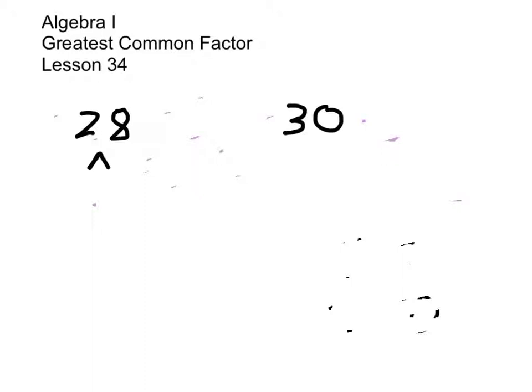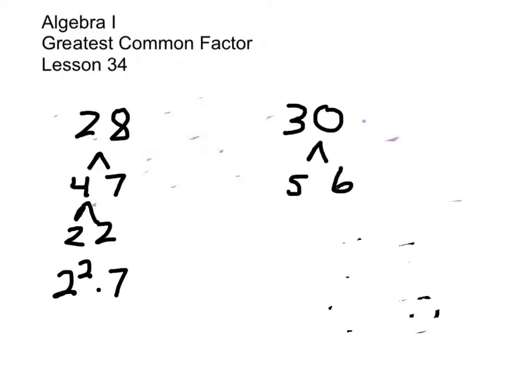So I'm going to do a factor tree. Let's see, 28, I could use 4 times 7. I can break down the 4 to 2 and 2. So I have a 2 squared times 7, right? Now for 30, I could use 5 times 6, or you could use 3 times 10, and then break down the 6 to 2 and 3. And here my product of primes is 2 times 3 times 5.